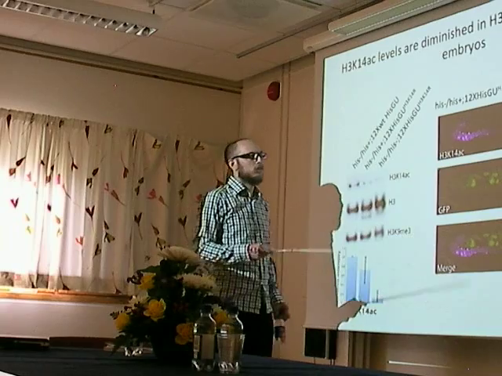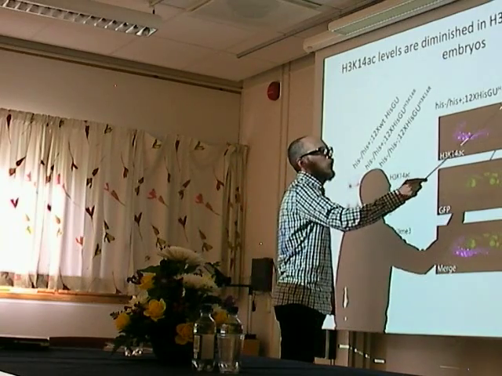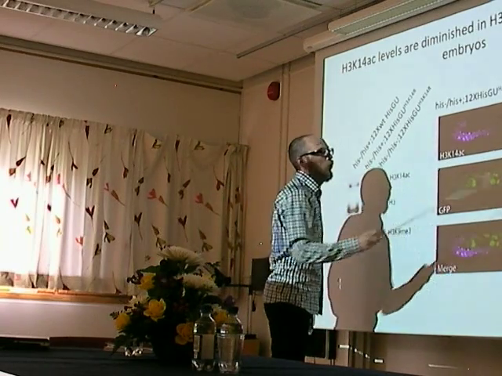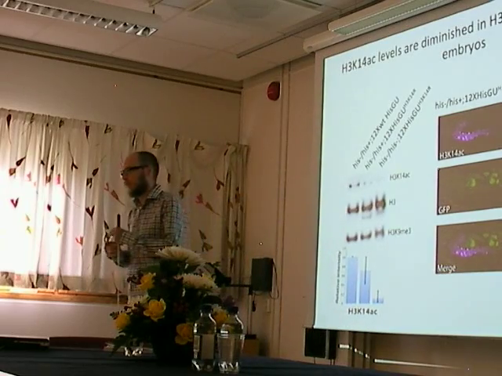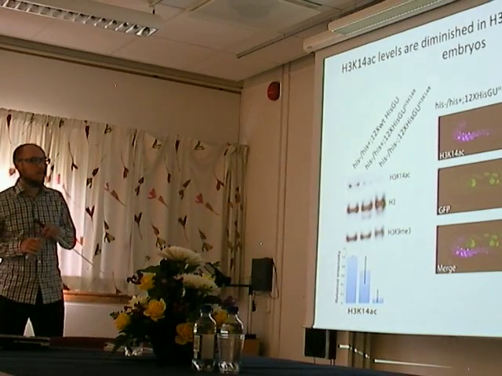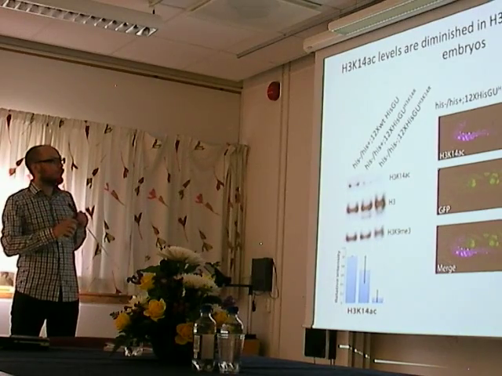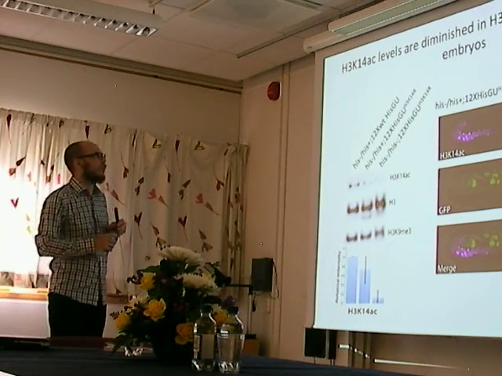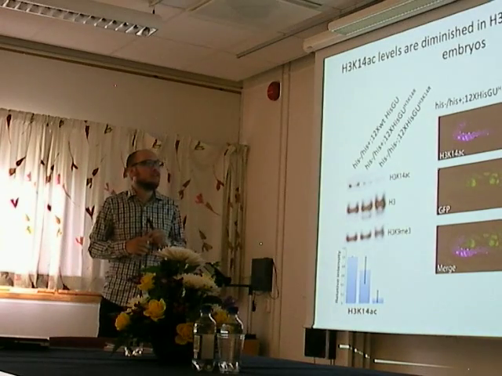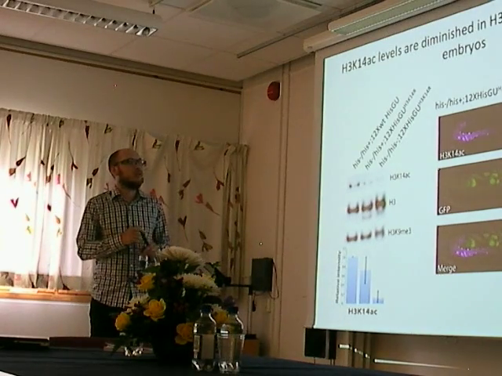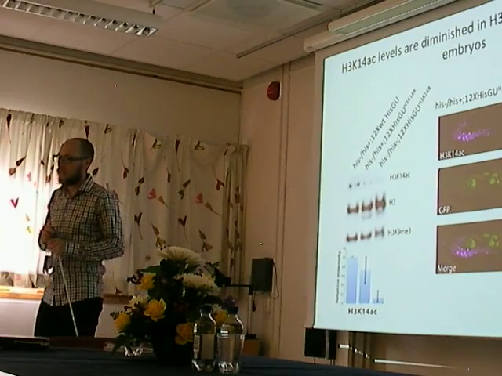In these embryos' siblings that are homozygous for the deficiency, we no longer have any acetylation in the CNS. To conclude this, K14 acetylation levels are diminished in H3K14R larvae and late embryos.